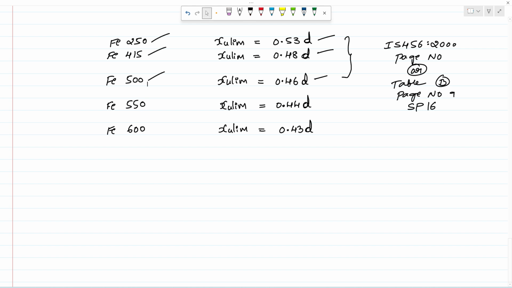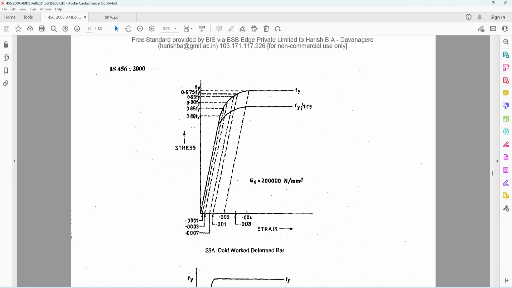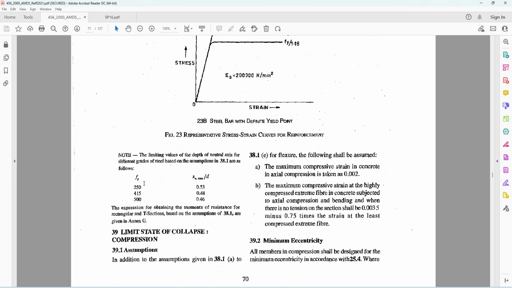Okay, so let me check the code. Page number 70 in IS 456 and page number 9. So go to page number 70. See, you have various grades of steel and XU max by D values. For 250 it is 0.53, for 415 it is 0.48, for 500 it is 0.46.